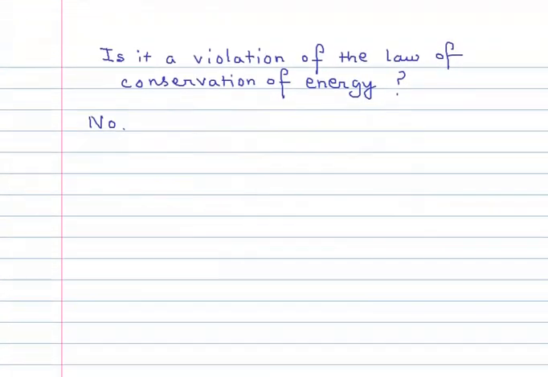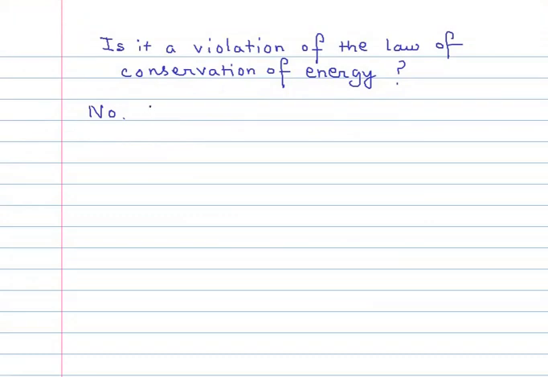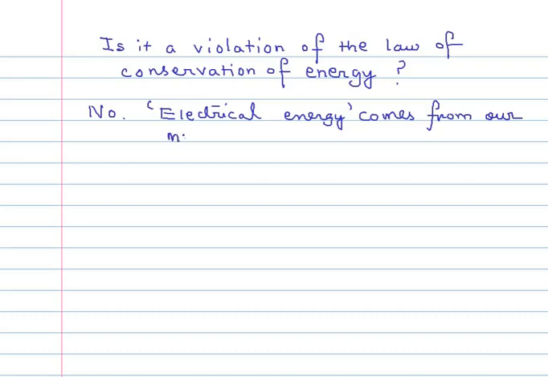Because whenever EMF is getting induced, it basically means there is some form of electrical energy. So where are they getting the electrical energy from? So the answer to that question is that the electrical energy comes from our mechanical energy.